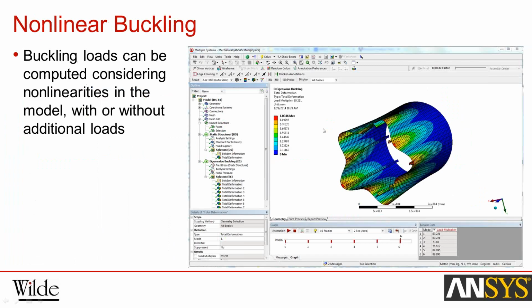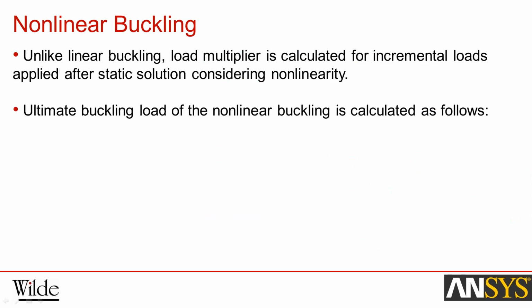Non-linear buckling can now be considered in the model with or without additional loads. Unlike linear buckling, the load multiplier is calculated for incremental loads applied after the static solution considering nonlinearity.